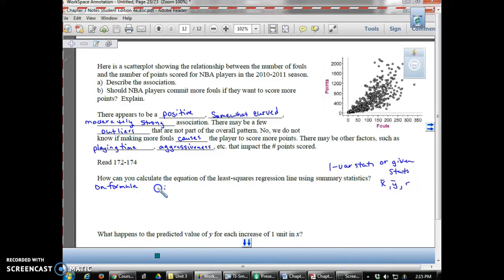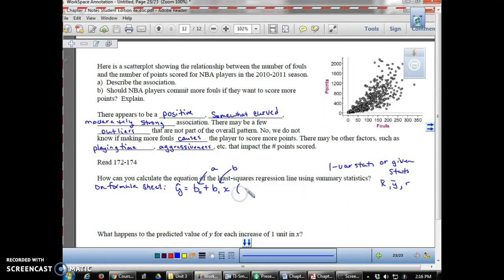And we have y hat is equal to b sub 0, b naught is sometimes what that's referred to, plus b sub 1 x. And remember, this is just like your a from your regression when you run the least squares regression on your calculator, and this would be your b. But this is what's on the formula sheet.